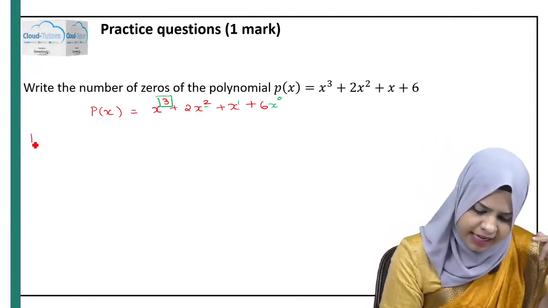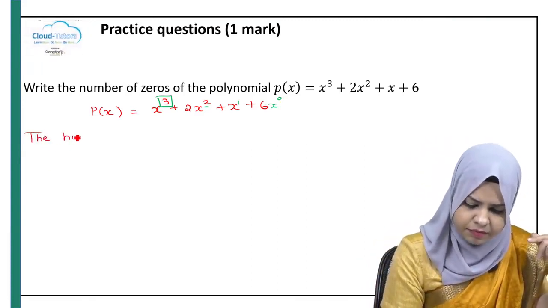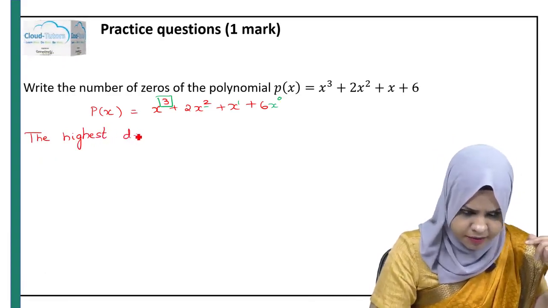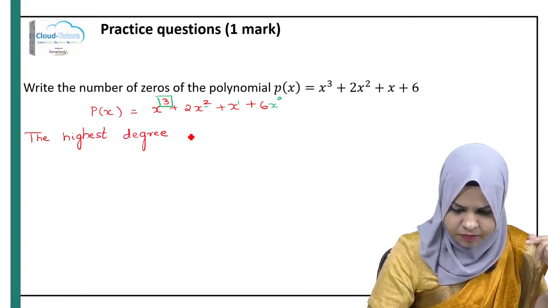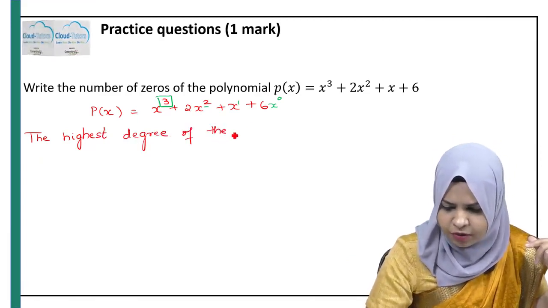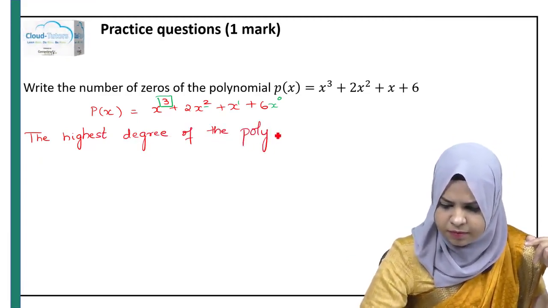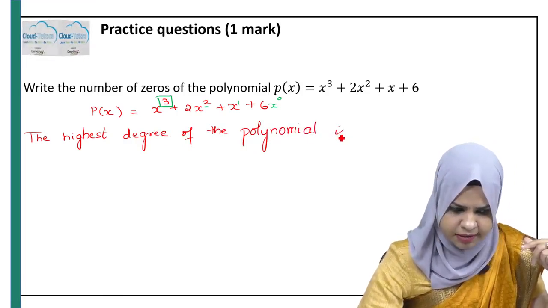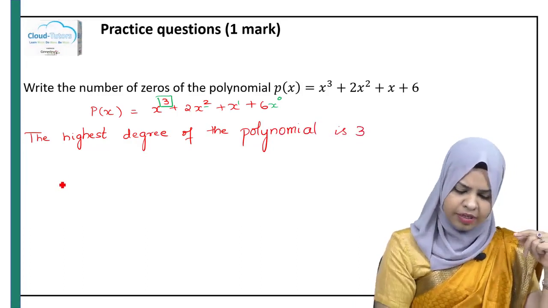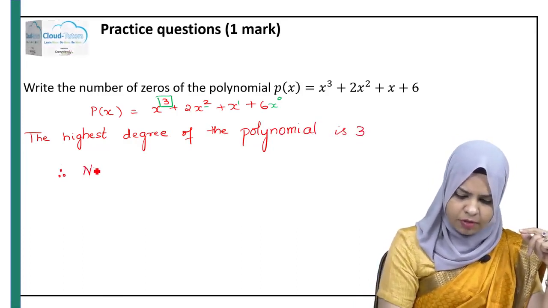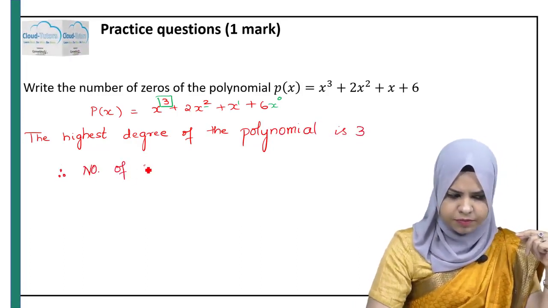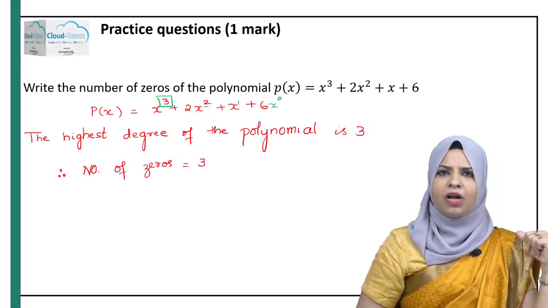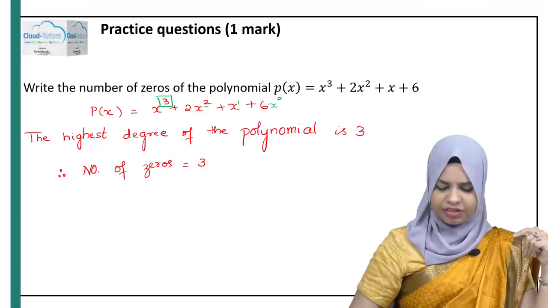Here the highest degree of the polynomial is 3. So therefore the number of zeros is equal to 3. Alright, so now let's look into the next question.